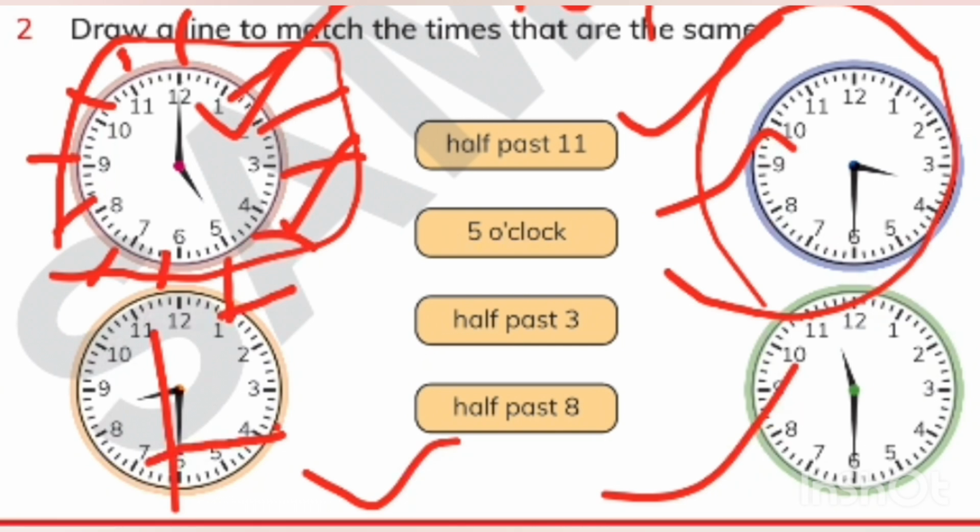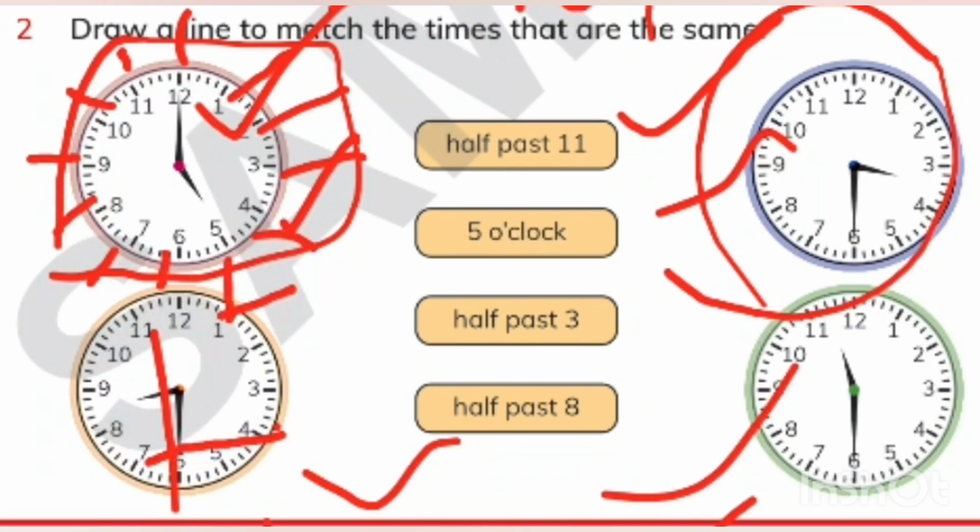The small needle is telling us the hours, and the big needle is telling us the minutes. For grade 2 students we are teaching minutes and hours, and how they can come to know about them. Understand now? And we know that 1 hour is equal to 60 minutes.